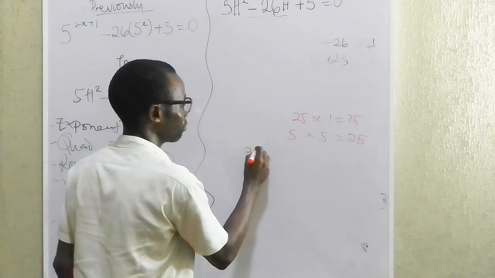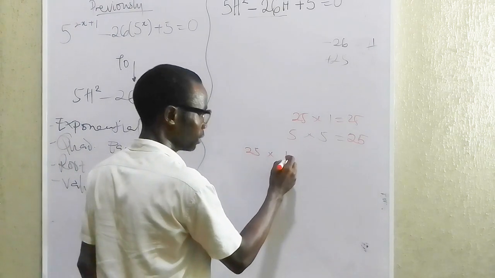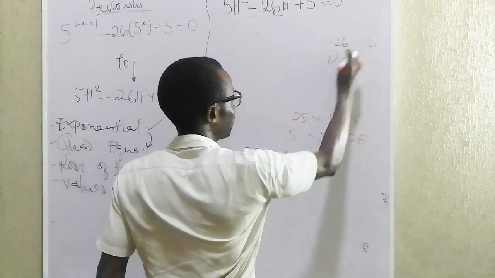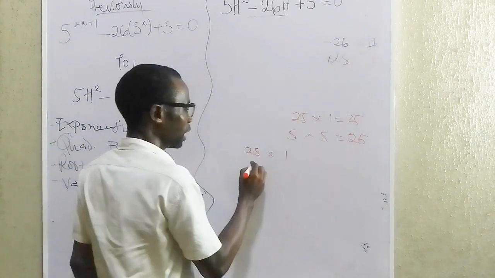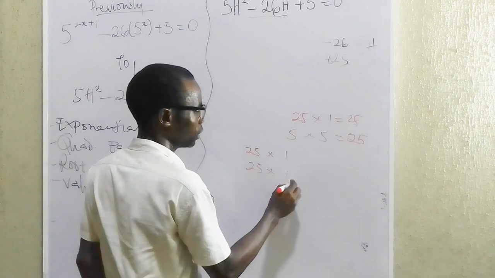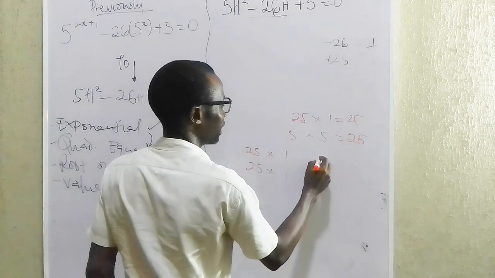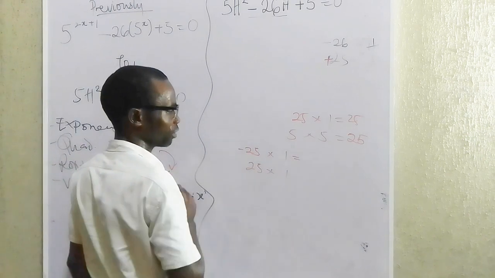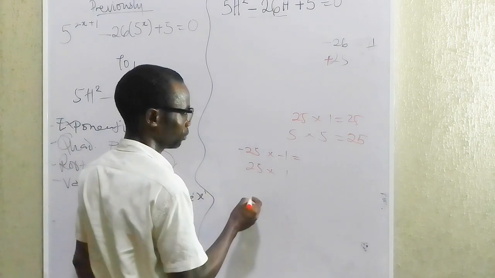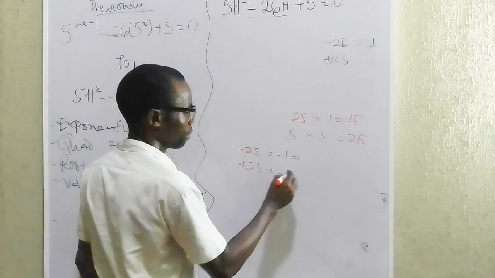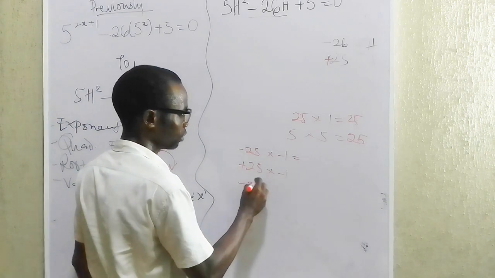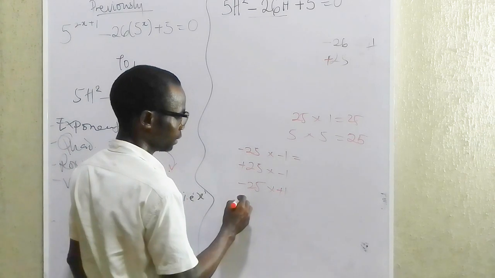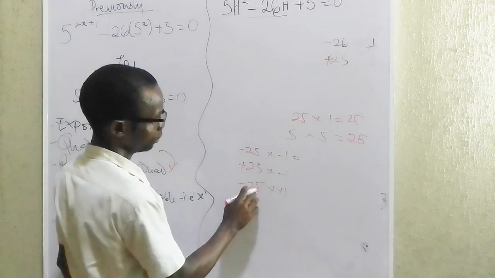This is going to be 25 times 1. Remember, 1 represents h. We've already done this. This is already half sorted out. And then 25 times 1. Which one will give us exactly plus 25? Let's say if I put minus here, and I put minus here, or I put plus here, minus, or I put minus 25 times plus 1, and which other variant?